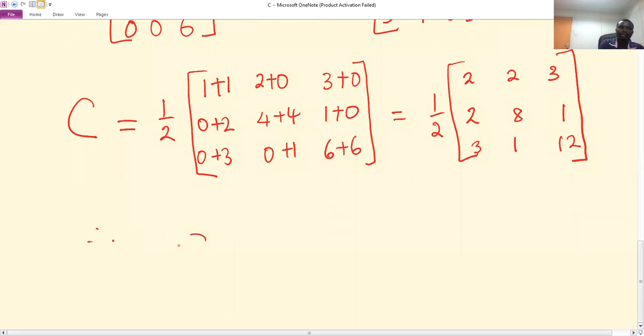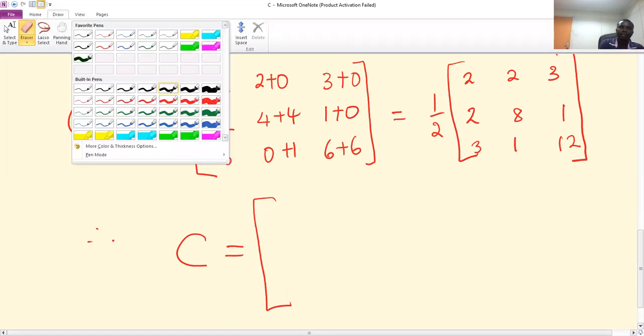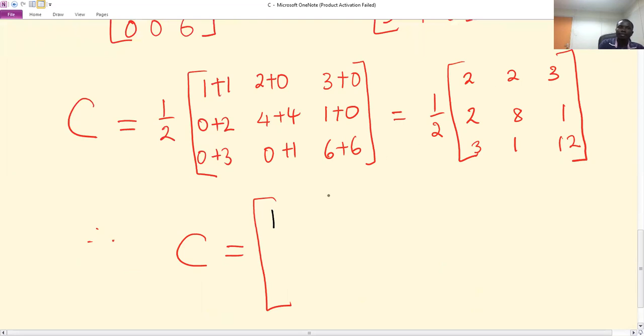So therefore, C will be 1, since a half times 2 is 1. And then half of 2 is 1. So 3 over 2, 1, 4, a half, 3 over 2, a half, and then 6.